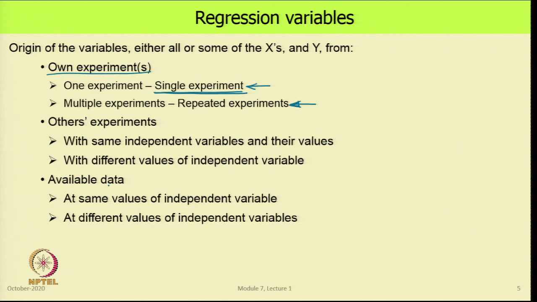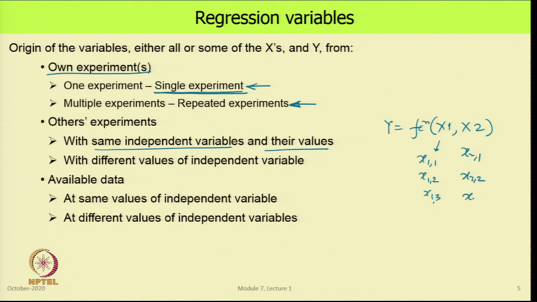So, if others have done an experiment with the same independent variables and the same values. For instance, say y is a function of x1 and x2, and we collected data at x11, x12 and x13 and x21, x22 and x23.